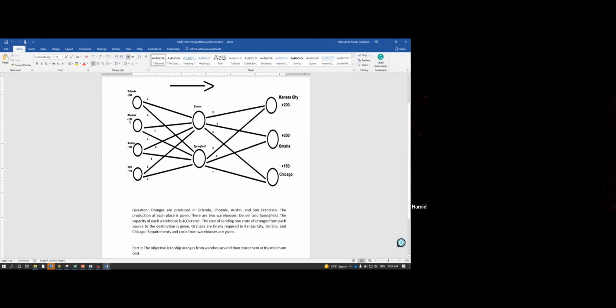So it just means supplies. The warehouses, which are in Denver and Springfield, I named W1, W2. W stands for warehouse. And D1, D2, D3 stand for the demand cities of Kansas, Omaha, and Chicago.